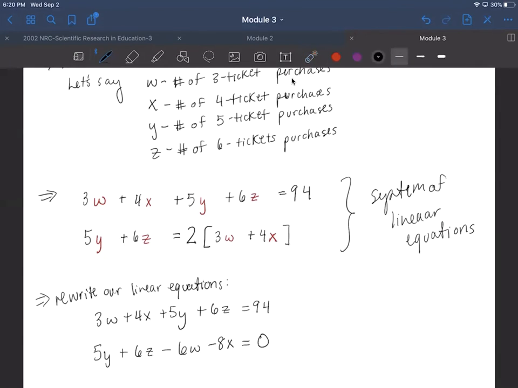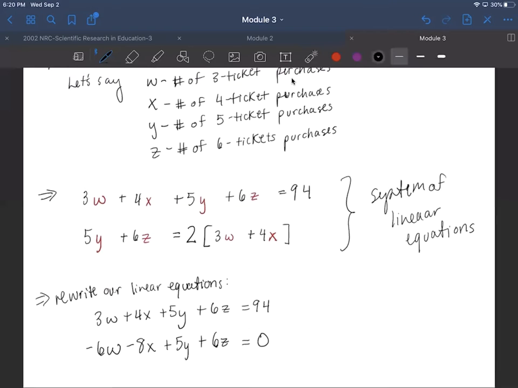So now what we're going to do next is just rewrite it a little, nothing too drastic, okay, you guys? So it's going to be the negative 6W, minus the 8X, plus 5Y plus 6Z.